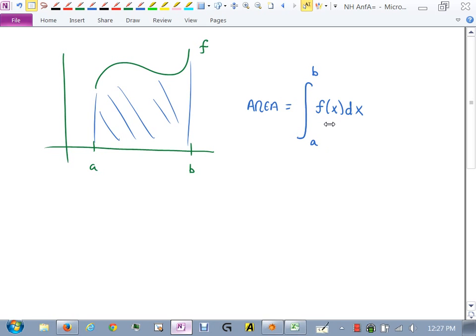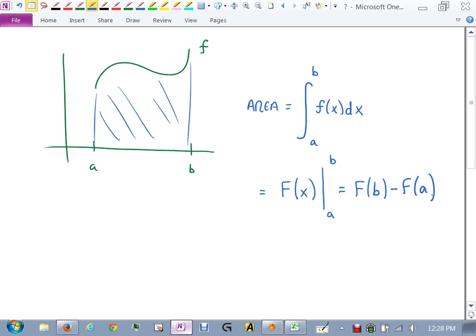This turns out to be equal to, remember the antiderivative is capital F. And then this is just notation. Just write that down; this next equals sign tells you what it means. It's capital F of b minus capital F of a.